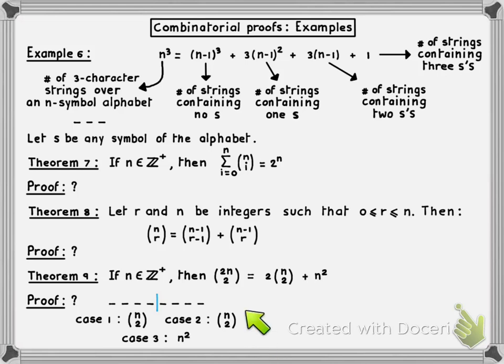Since all of these cases are disjoint and they cover all of the possibilities, then it must be the case that 2 times this number plus n squared is equal to the other way we had of solving the problem. And this concludes the proof, the combinatorial proof of this theorem.